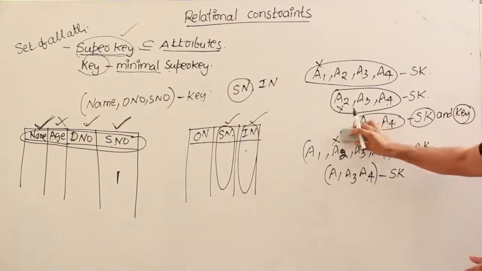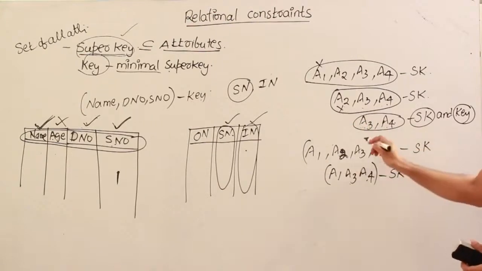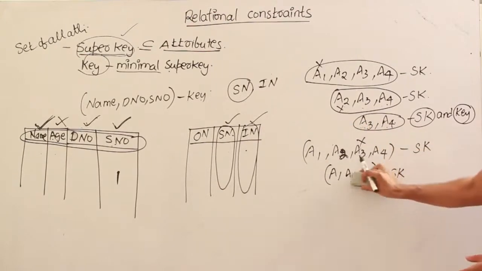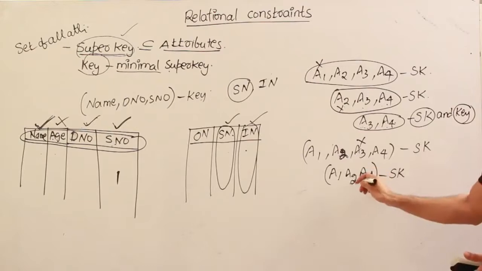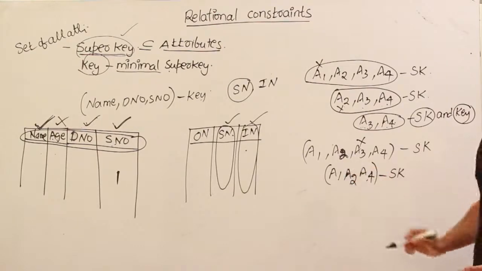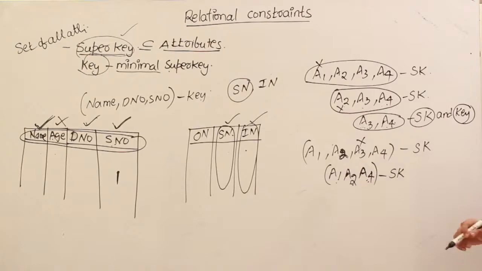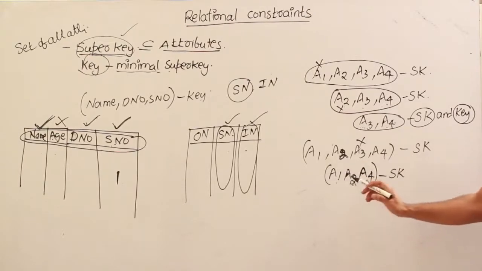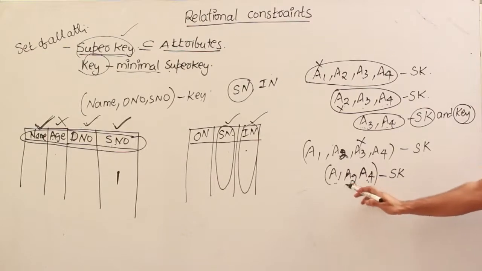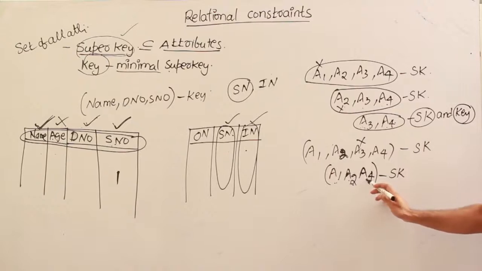Okay, instead of removing A2, let us say I have removed A3, then what is the result? A1, A2 and A4. Now this A1, A2, A4 is a super key. Now should I call it a key or not? That is what I am talking about. Now let us say it turned out that I am not able to delete A1, because A2 and A4 are not able to uniquely identify a tuple, and I am not able to delete A2 or A4 either.